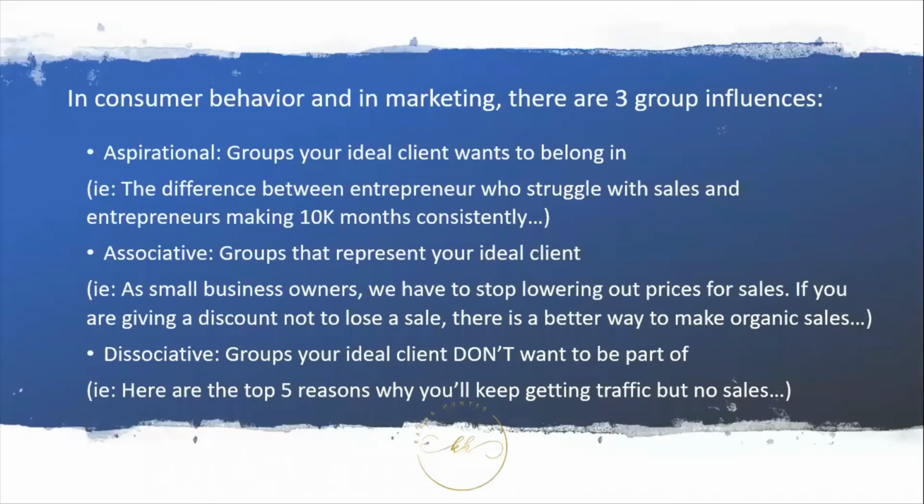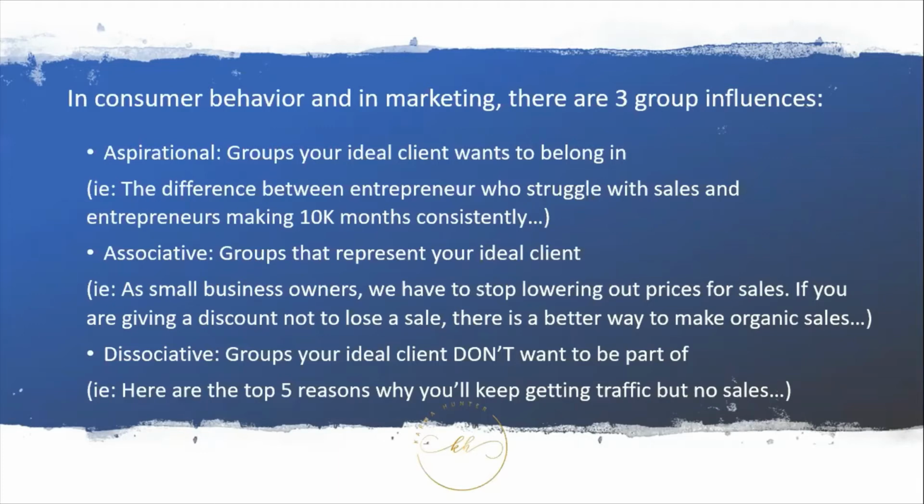So if we look at here, this is basically information from marketing books, right? In consumer behavior and in marketing, there are 3 group influences. You have your aspirational group, you have your associative group, and you have your dissociative group. Aspirational group is the group that your audience want to relate with, the group that your audience want to be like, right?